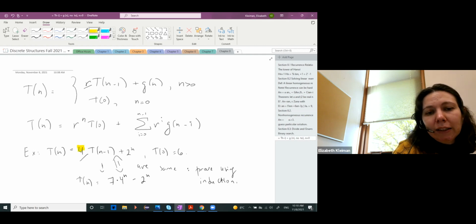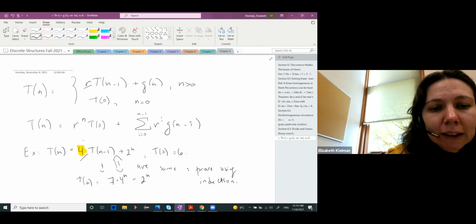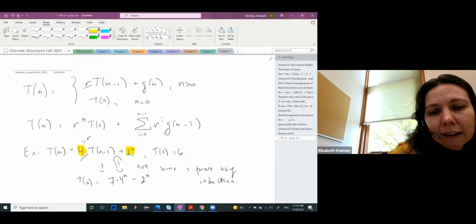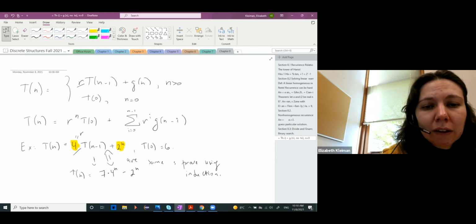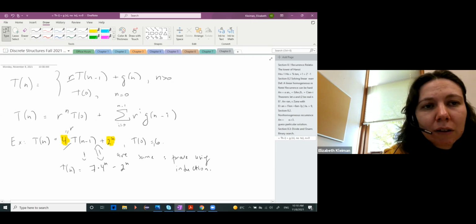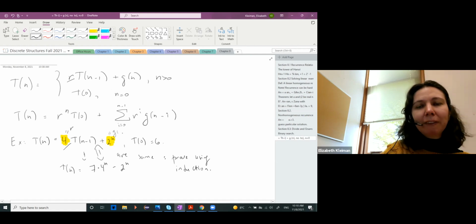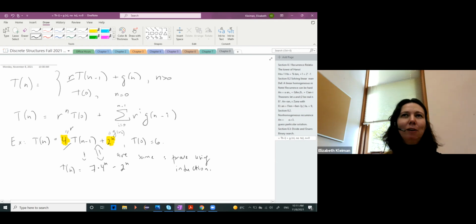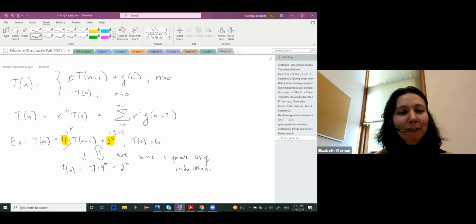In this case, this is your R, and this is your G(n). I'll need to find it, but I already have a video where I solve this problem, including the induction proof. I'm going to post it for you to watch.